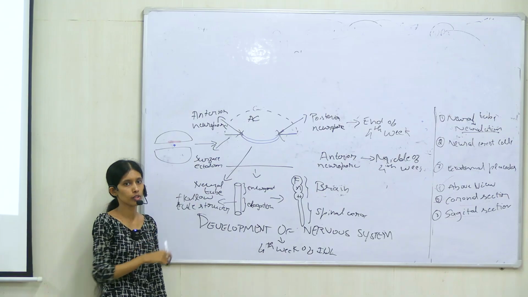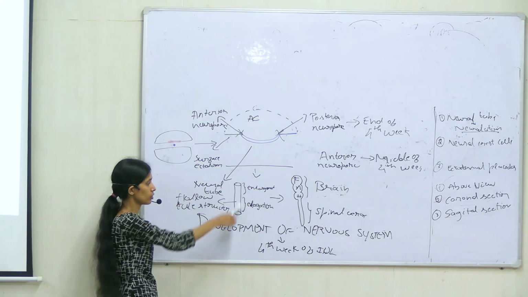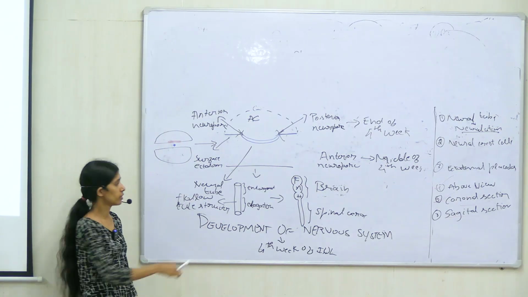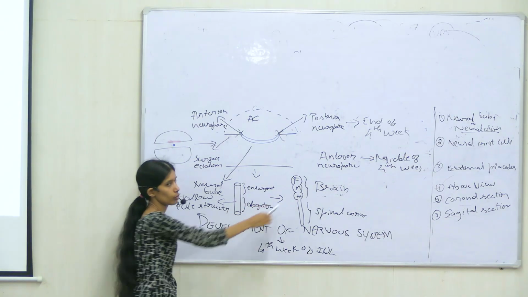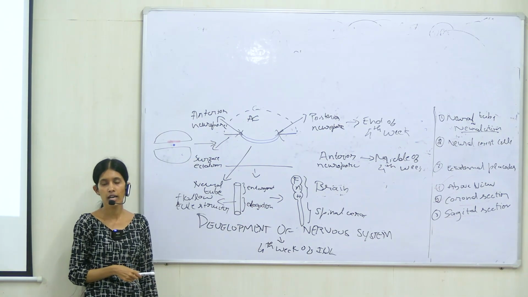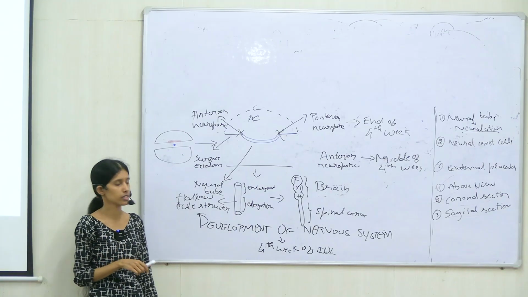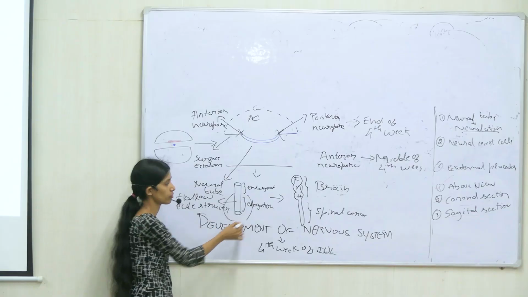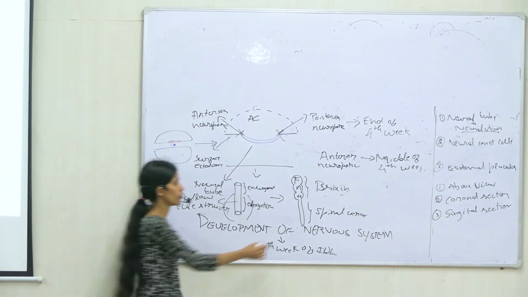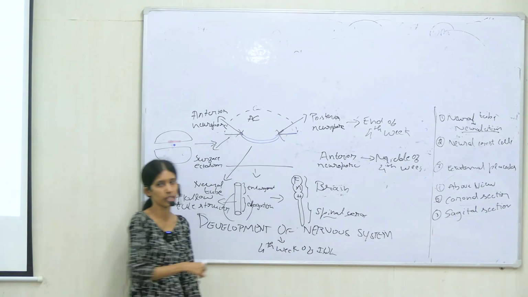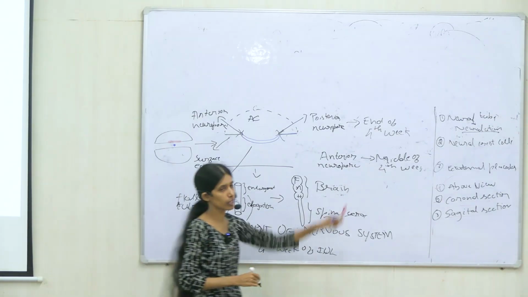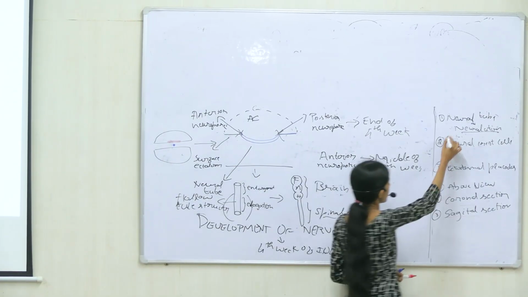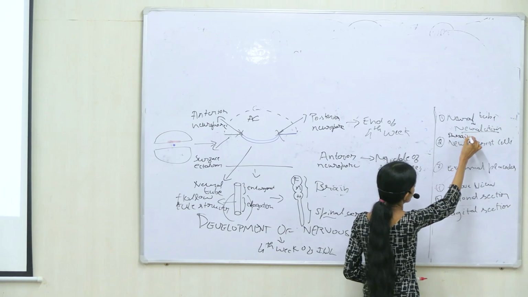Once the closure of the neuropores takes place, this is how the neural tube will look. The cranial part will undergo enlargement and form 3 brain vesicles, that is your forebrain, midbrain and hindbrain, whereas the caudal part will undergo elongation to form your spinal cord. So basically your neural tube will give rise to the brain and spinal cord.